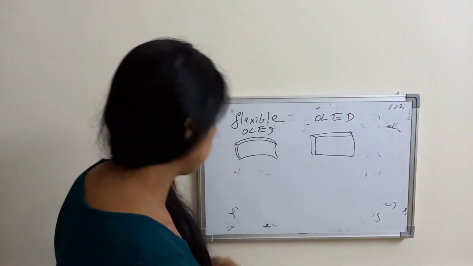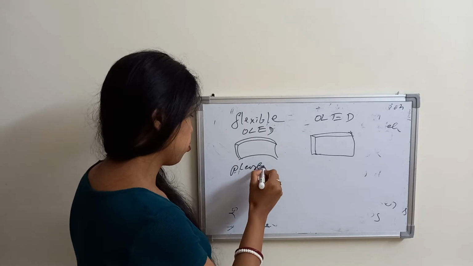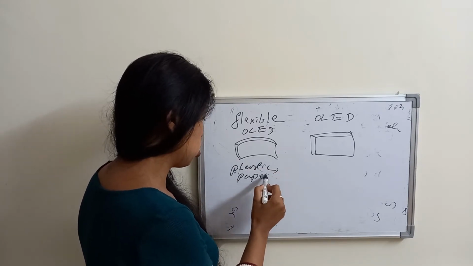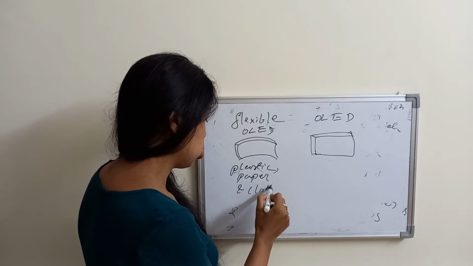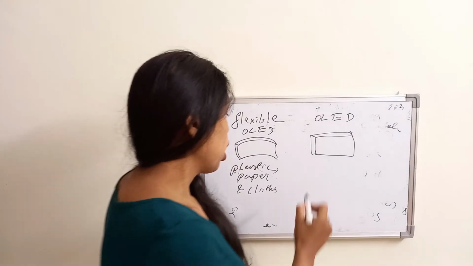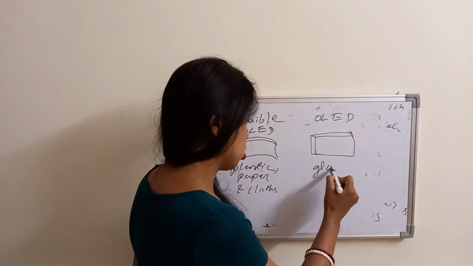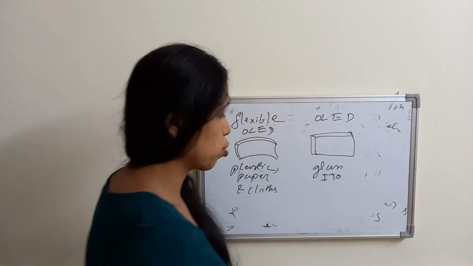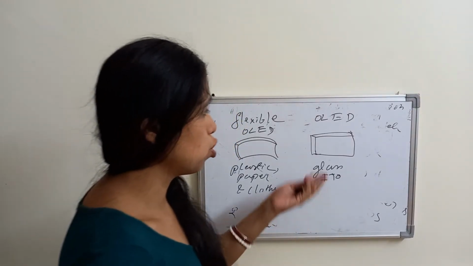For flexible OLEDs, plastic, paper and cloth are used as the substrate, and for the normal OLED, glass with an ITO layer, ITO glass, is used.